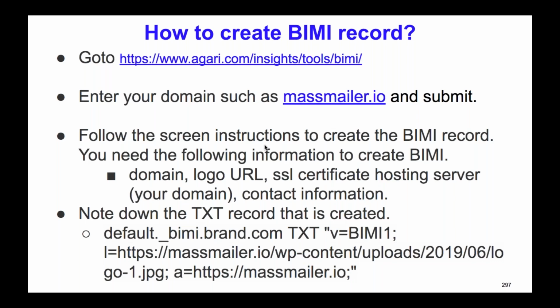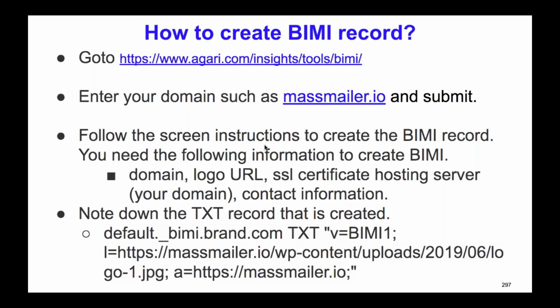BIMI1 is nothing but the version. Then l= is the logo URL that you see there. Then the certificate is hosted on your domain, a= with HTTPS. So this is the complete BIMI record that you create using the Agari website.